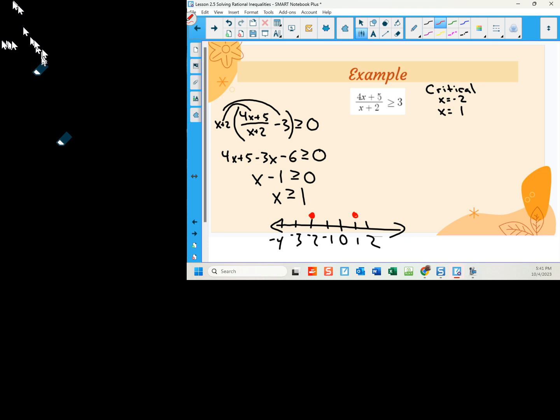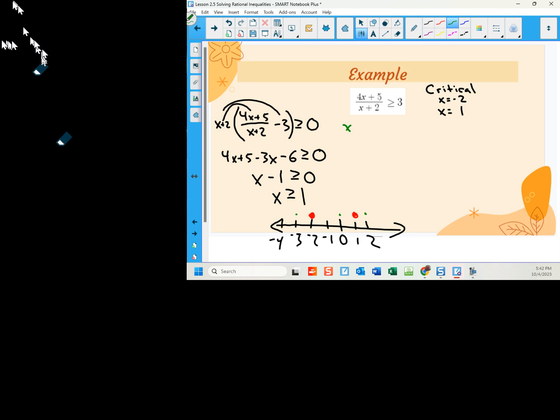Now I need to go ahead and test. My test points are 0, 2, and negative 3. I'm going to plug those into the original inequality and see if they hold true.